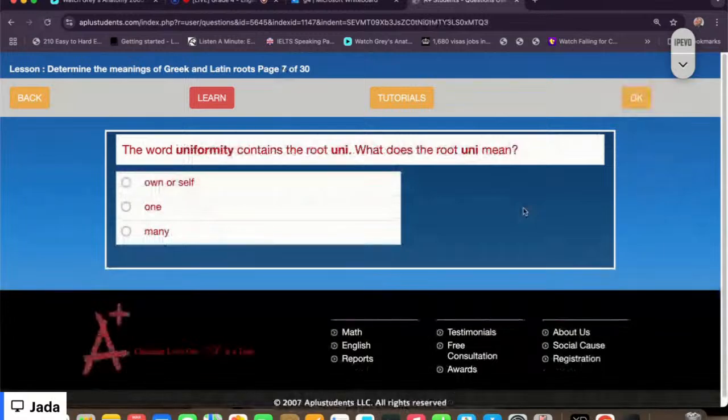Alright, so the word uniformity contains the root uni. What does the root word uni mean? Own or self, one, or many. What do you think?